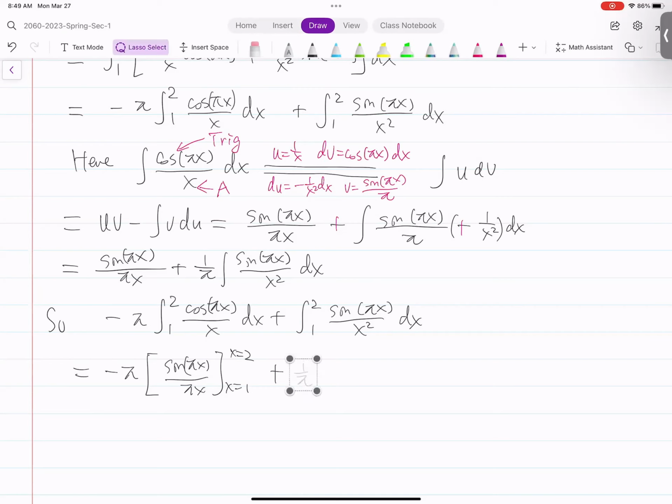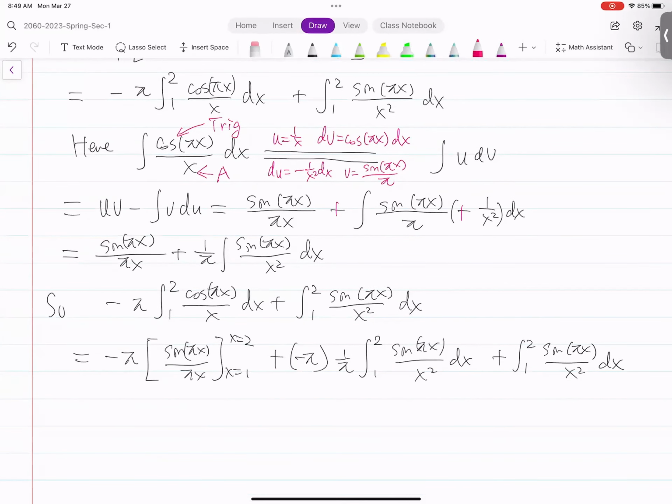Here I'm doing a substitution for the integral part, but I still need the negative pi in front as the multiplier. And then I add the second term, the integral from 1 to 2 of sine pi x over x squared. That's good.